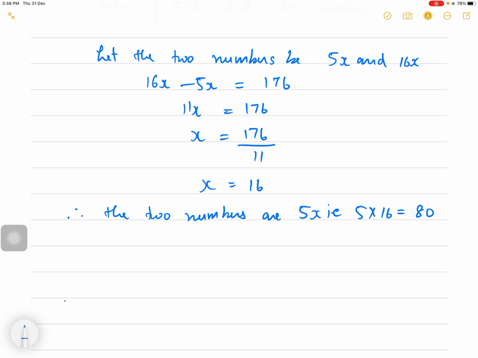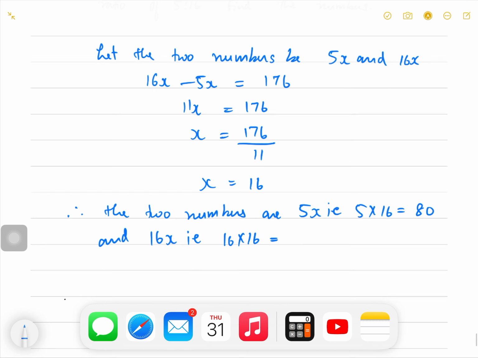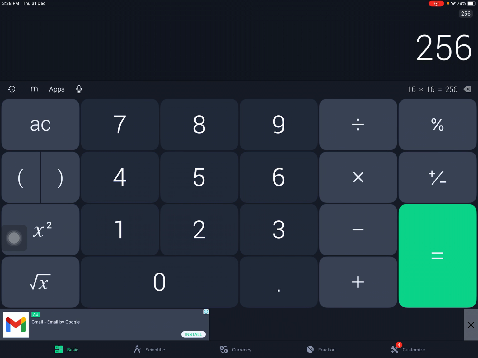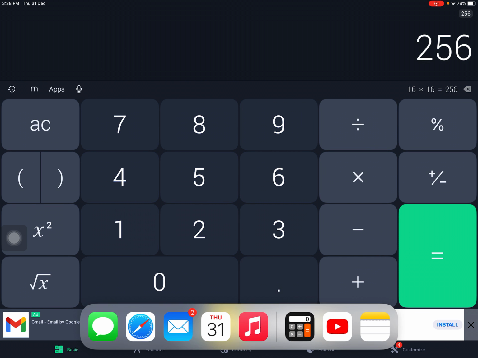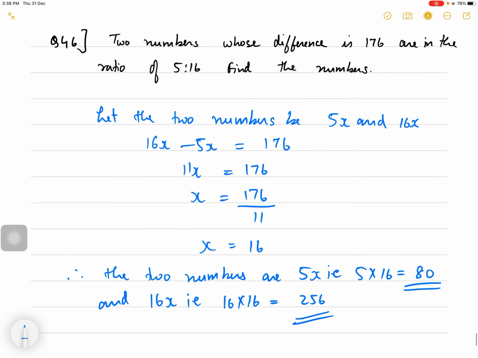Right? And 16x, that is 16 into 16, which is 256. So the numbers are 80 and 256.